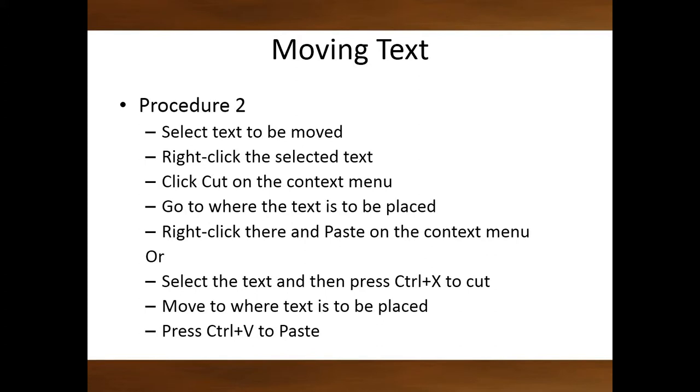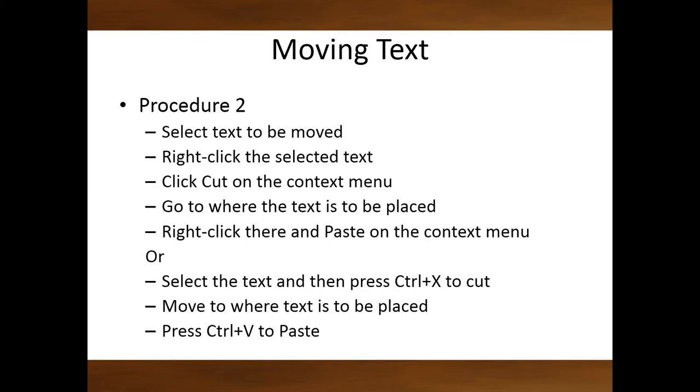Then move the cursor to where you want to place the cut text. Then after moving the cursor there, making that place the insertion point, you press Ctrl and V on your keyboard to paste the text there.